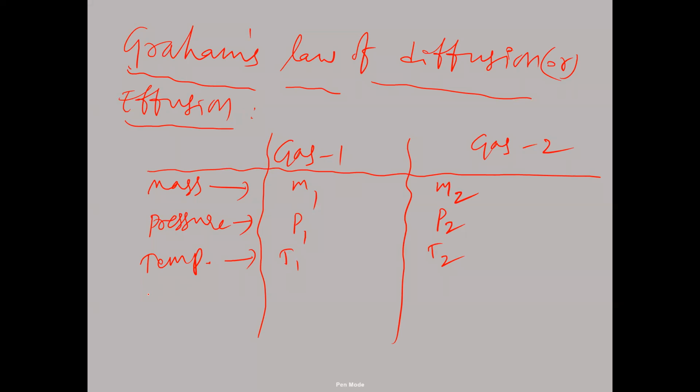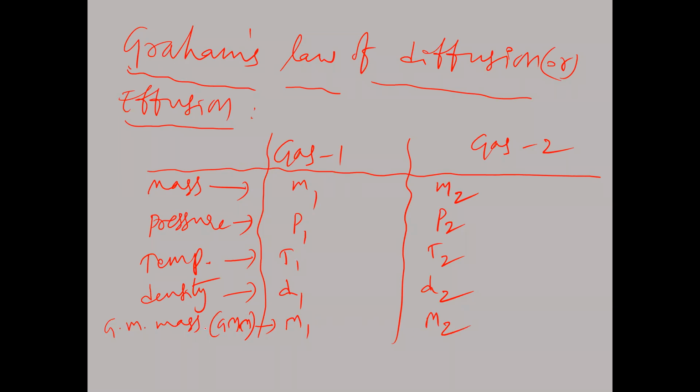Next, density. Density is taken as D1 and D2. Next one, gram molecular mass. Gram molecular mass of the first gas is M1, and for the second gas it is M2.